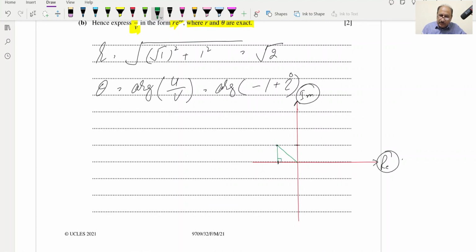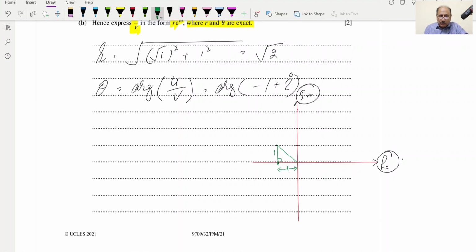This will be 90 degrees. This is 1 unit, this is also 1 unit. This point is minus 1, but the distance is 1.